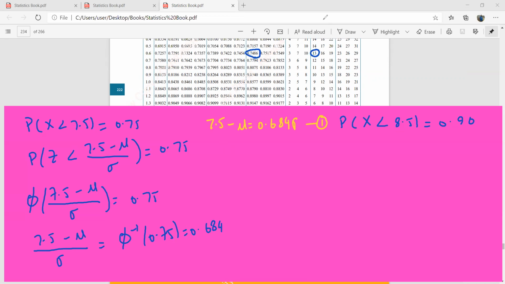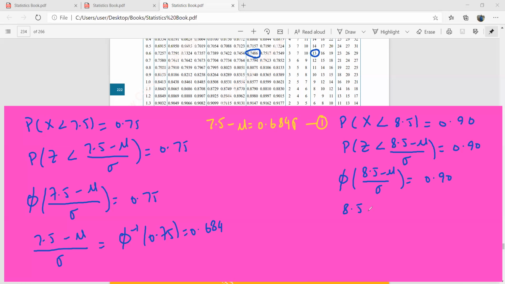And from the second piece of information, we standardize: the probability z is less than 8.5 minus mu over sigma is equal to 0.9. So phi of 8.5 minus mu over sigma is 0.9.